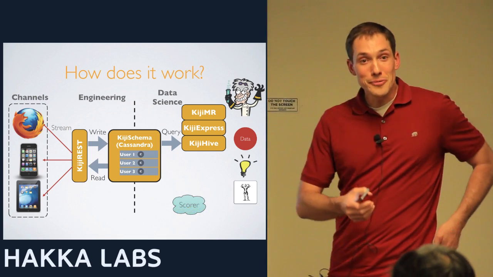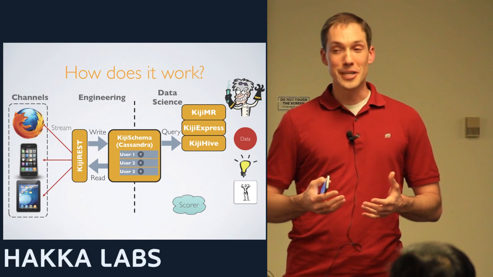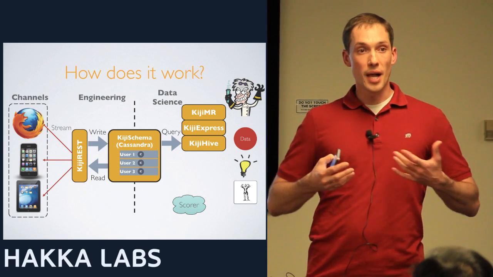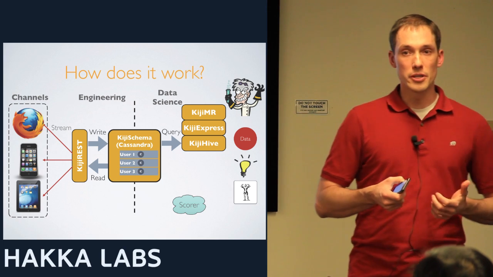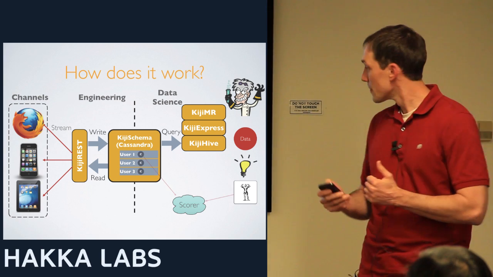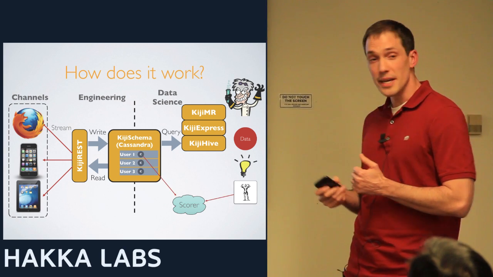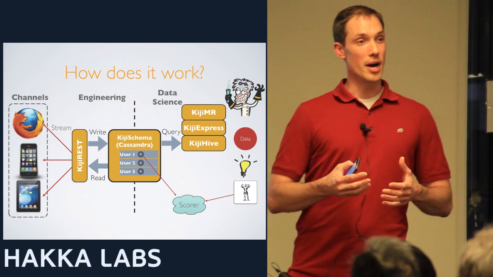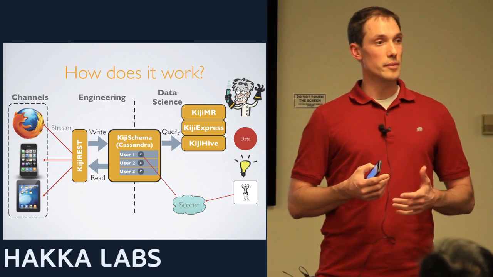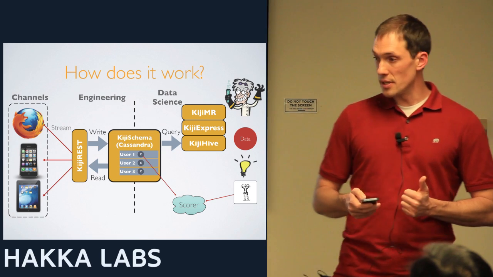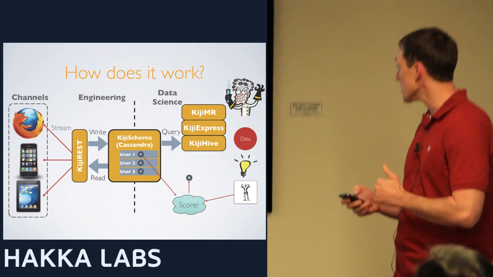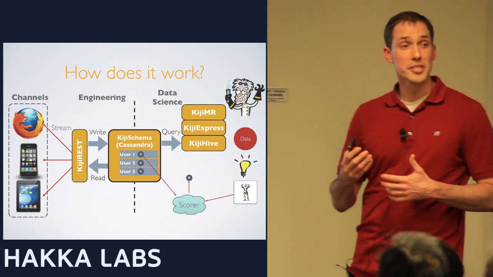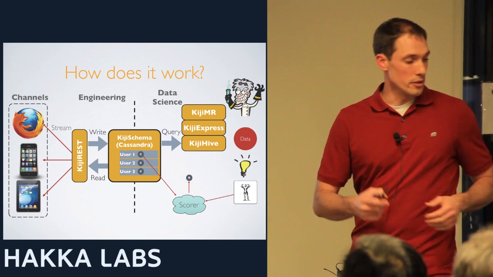In any case, once we have one of these trained machine learning models, we now need a way to apply it. So in Kiji, we have a notion of a score. A score takes one of these trained machine learning models and some information we have about a customer, and then applies the model over this customer information to produce some kind of result.